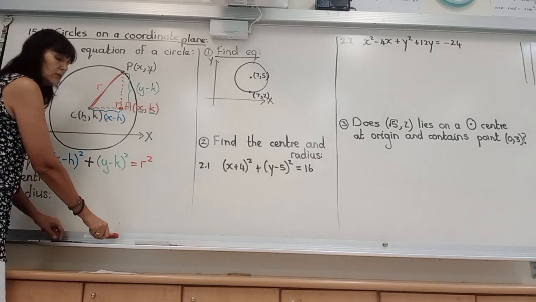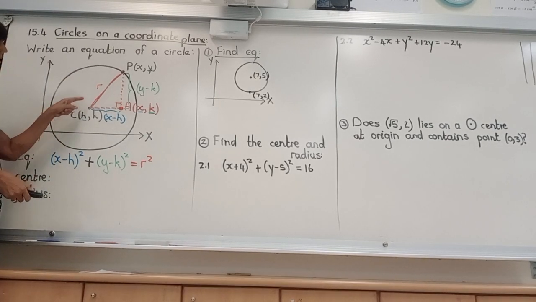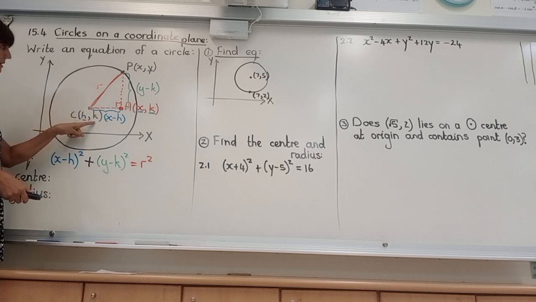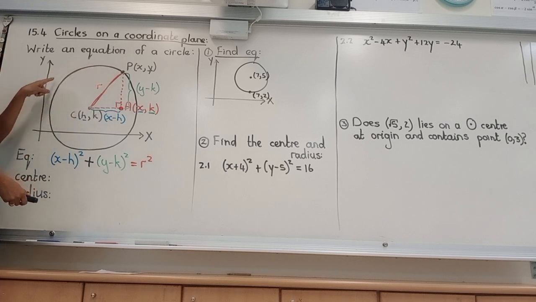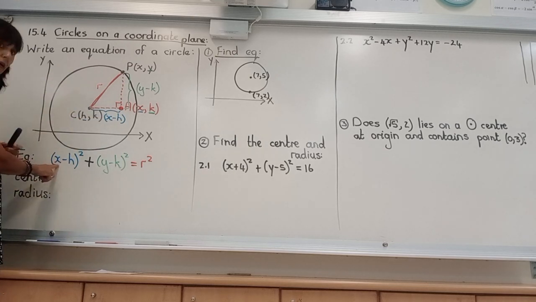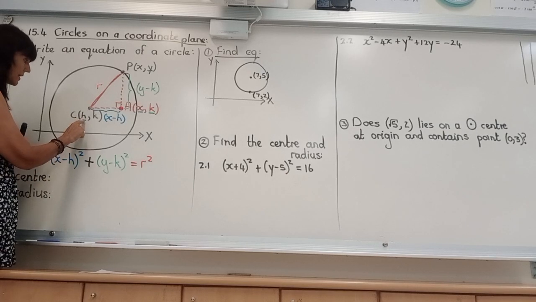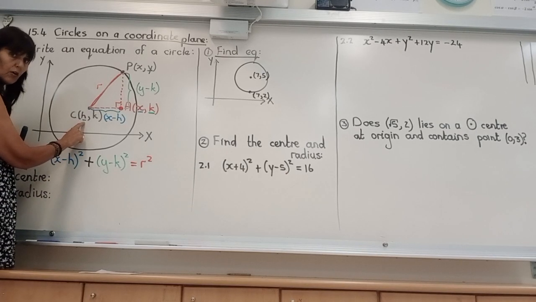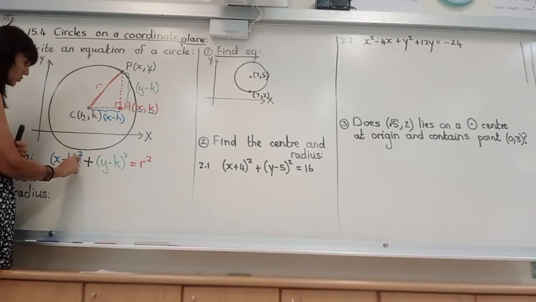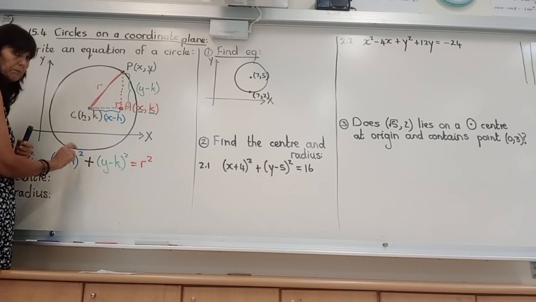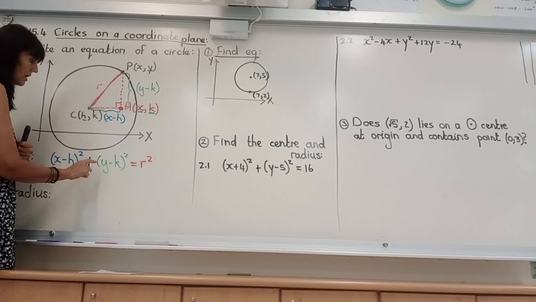And there we have an equation for a circle with a center h and k and any points P on that circle. What will my equation look like? X minus the x coordinate of my center squared, always a plus sign, will never change.